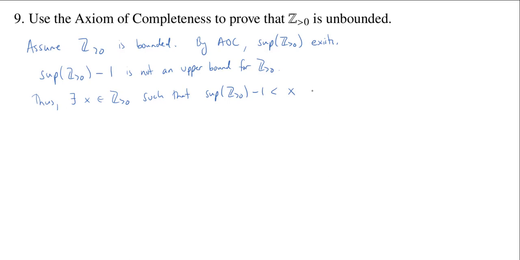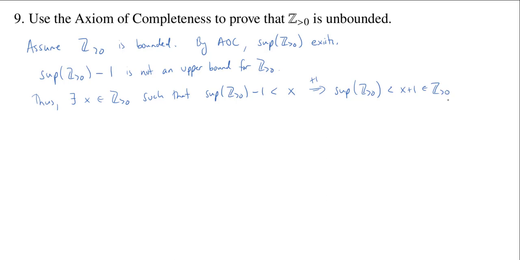But if that's true, and I add 1 to both sides of this inequality, then I get that the supremum, now without the minus 1, just the actual supremum, is less than x plus 1. And x is an integer, and 1 is an integer, positive even, and so this is a positive integer.